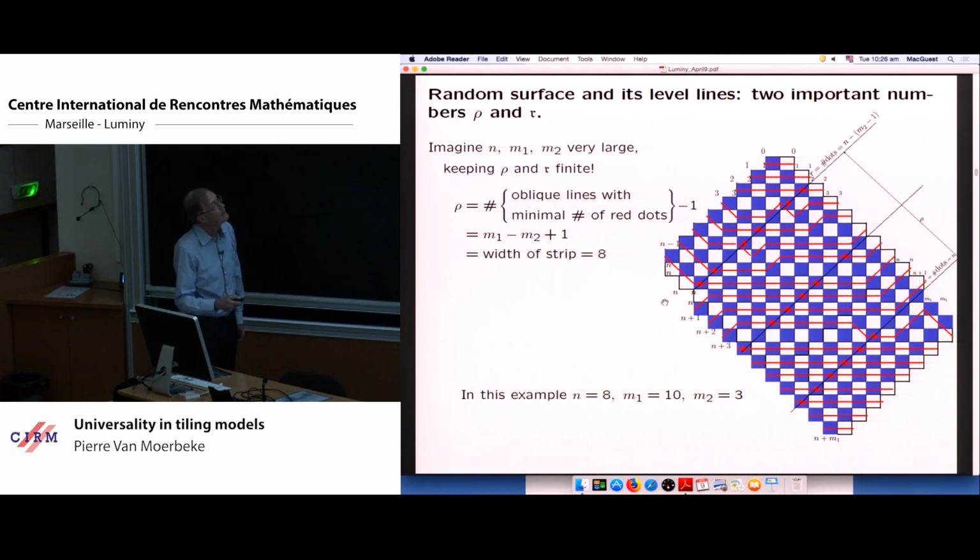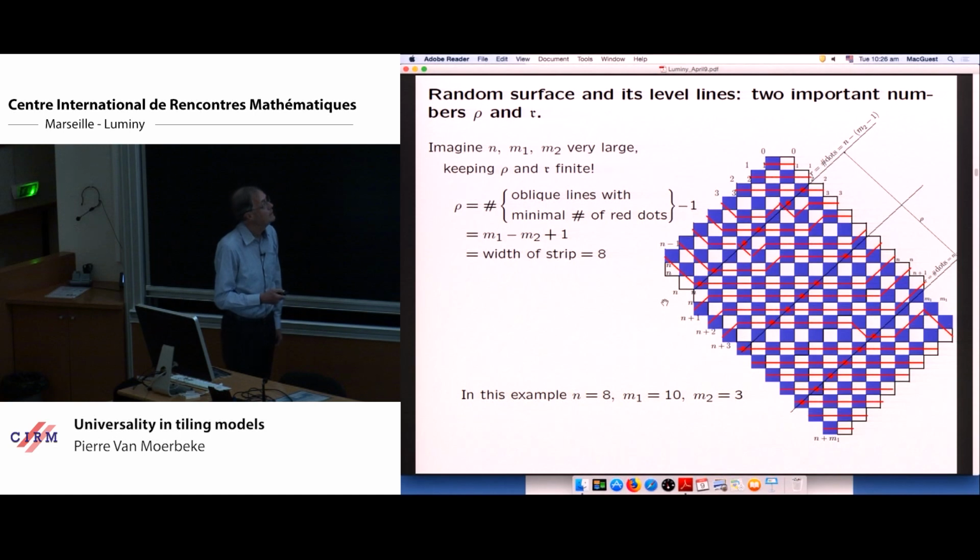The M1 is 10 here, the M2 is 3, and the kappa was 2, I believe. Yes, it's the difference between N and M1, which is 2. So the kappa in question was 2.